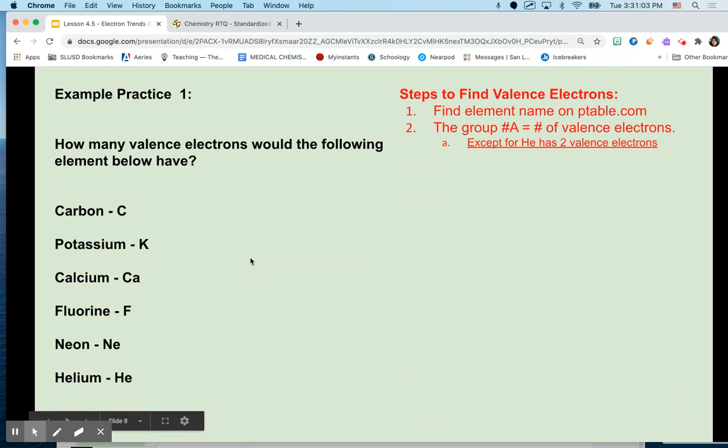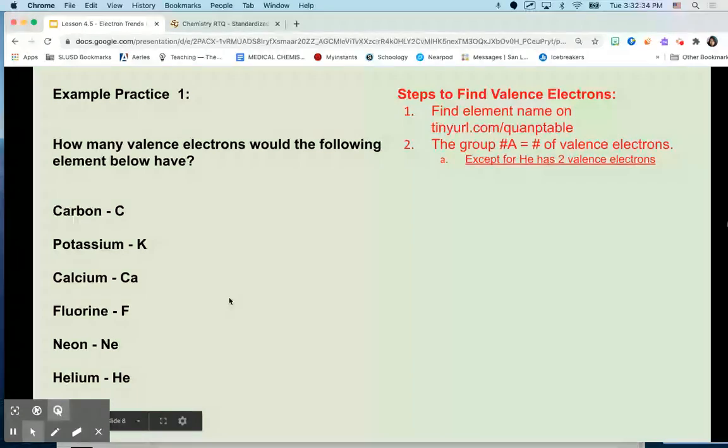Okay, so let's do some practice problems with what we know. One of the problems that you'll see is I might ask you how many valence electrons the following elements would have: carbon C, potassium, calcium, and so on. In order to solve this, we're going to have to first go to the periodic table.